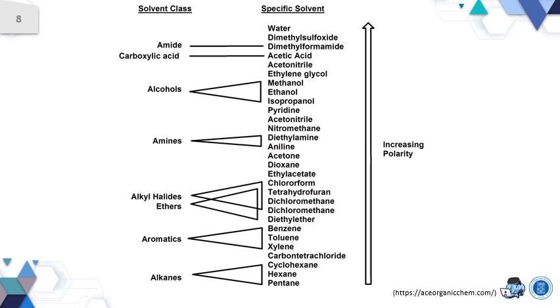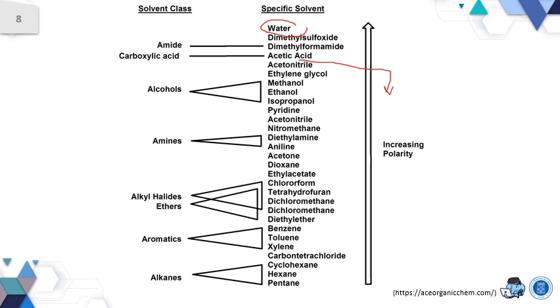You can see that water is at the top, so you can't use water in TLC, and it will be better to use from acetonitrile down to pentane. You can also use a combination of two, three, or maybe four solvents to give a good separation result on your TLC plate.